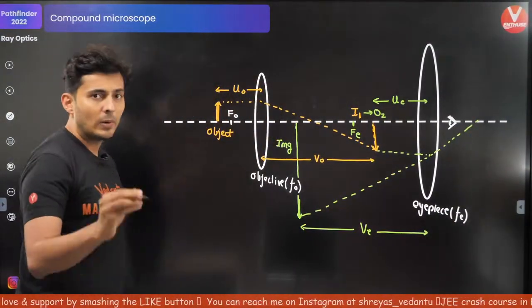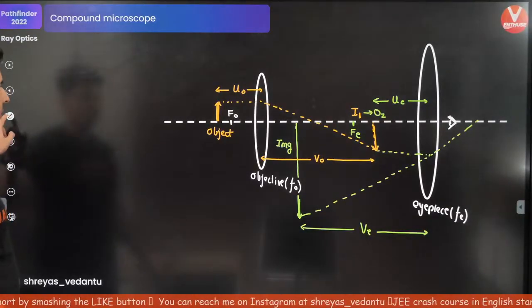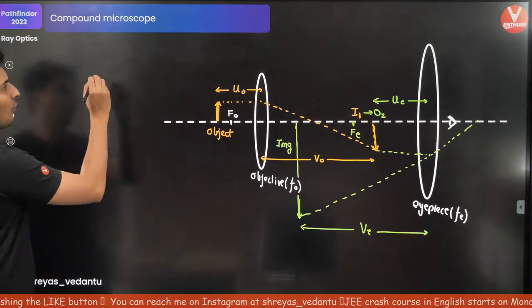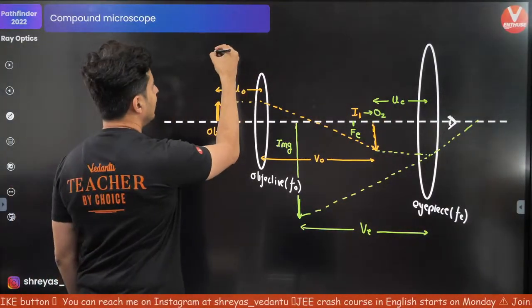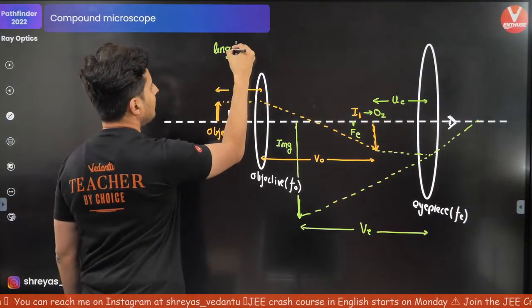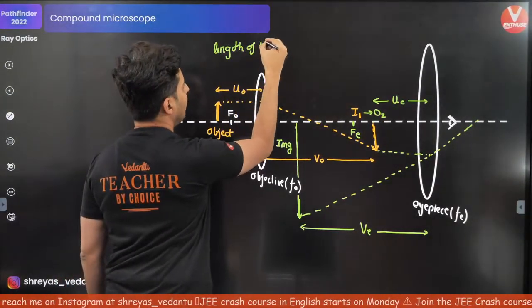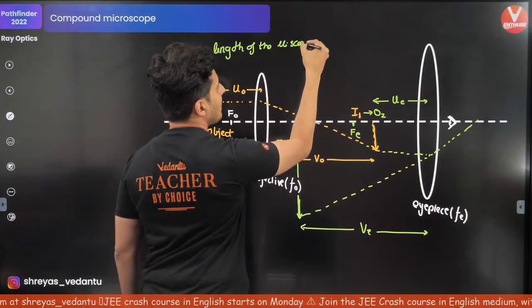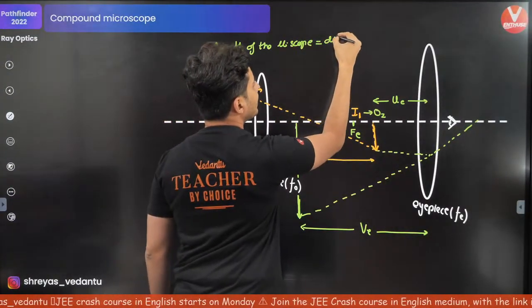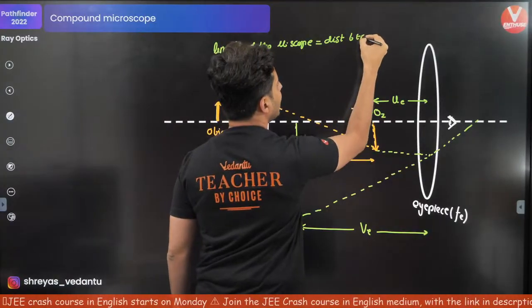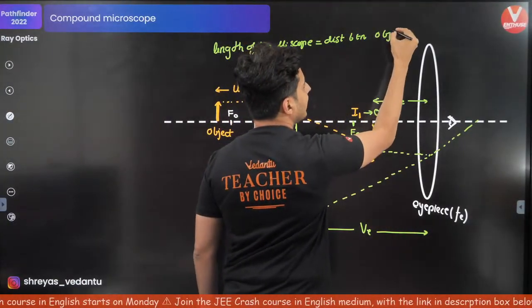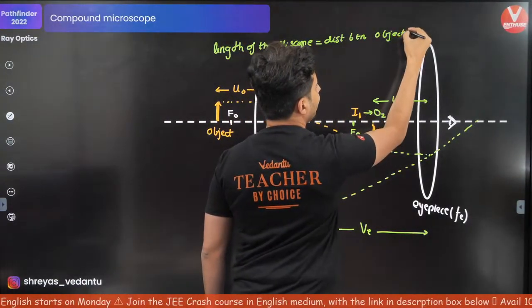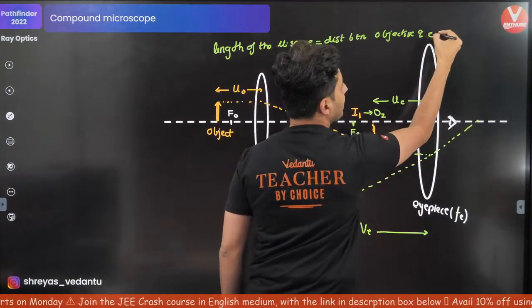Okay, now let's see how many of you can write this out very easily. What do you think is the length of the microscope? Meaning the distance between the objective lens and the eyepiece.